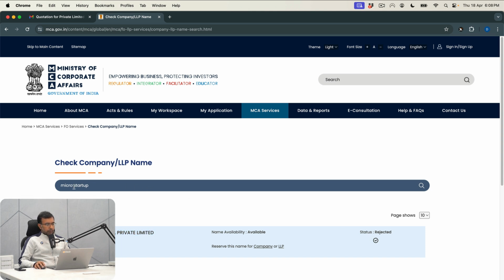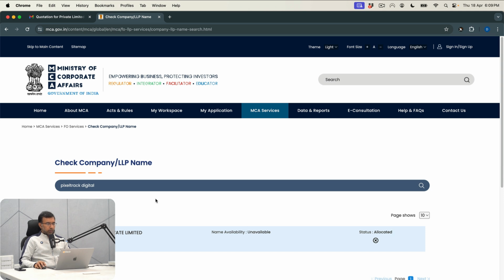I don't know why. If I search for MicroStartup as a single word and search for Studio, then I can't see any names like that. If you search for our existing company name, Pixel Track Digital, you can see that this is our existing company. It has a CIN number, and the name status is allocated.